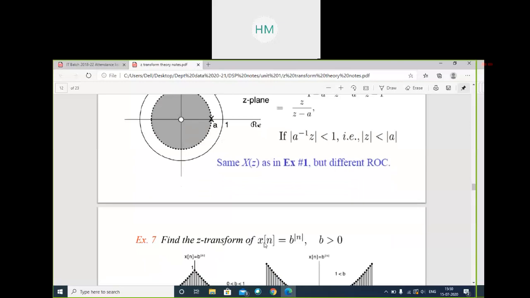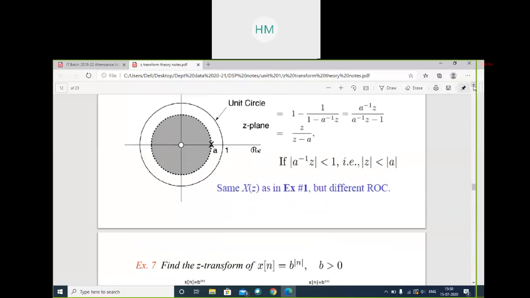Find the Z transform of x of n is equal to b to the power mod n. What do you mean by the modular sign, mod n? What does mod n mean?